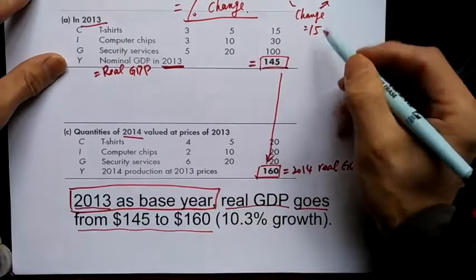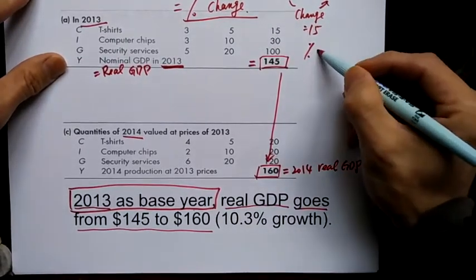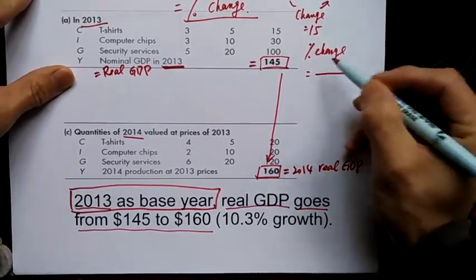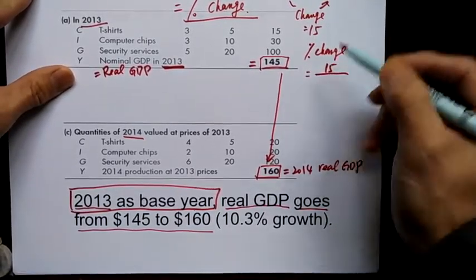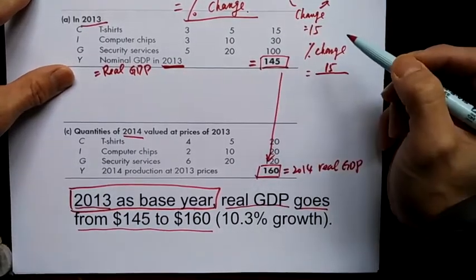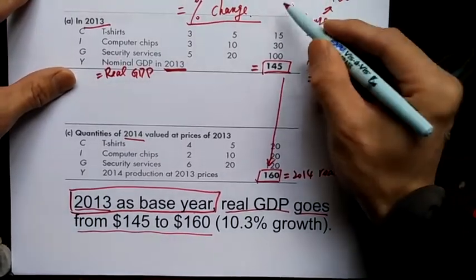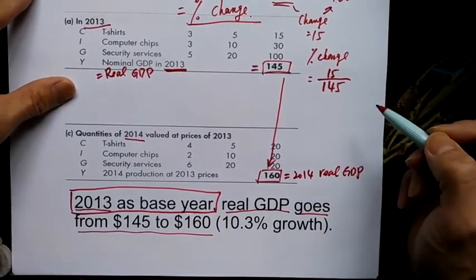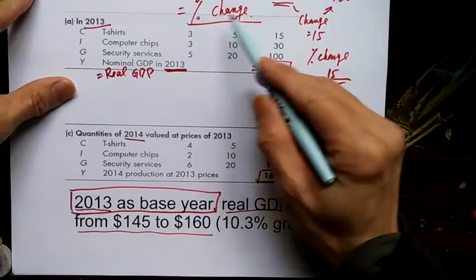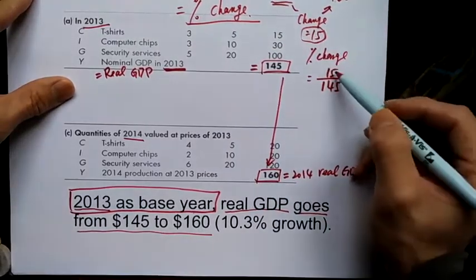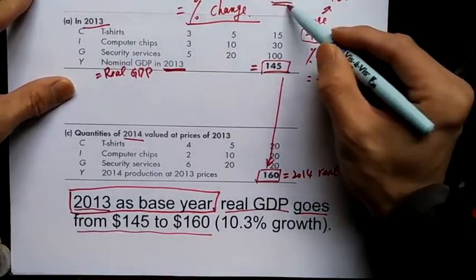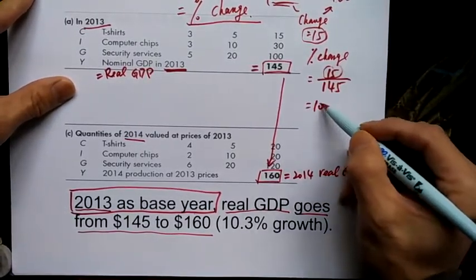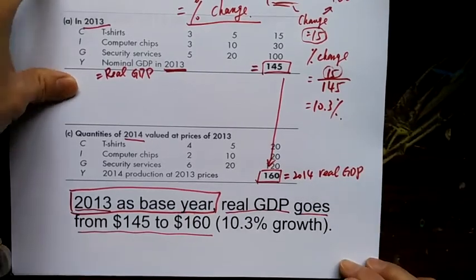Then what is the percentage change? The total change is 15. Change from what? Change from 145. So you divide it by 145. Again, percentage change, the change is 15, and change from 145. Therefore, the growth rate is 10.3%. Use your calculator.